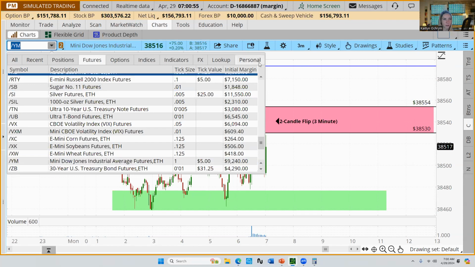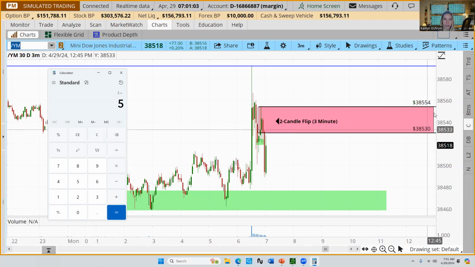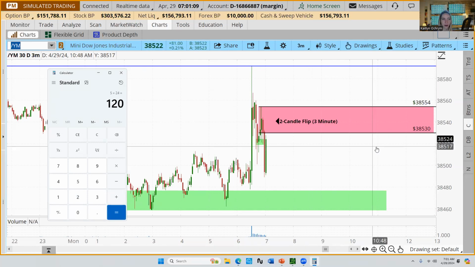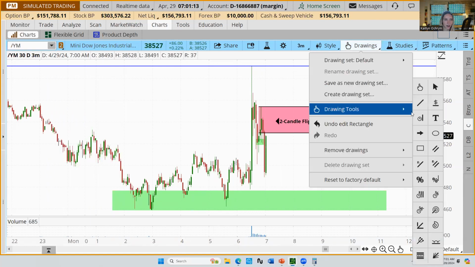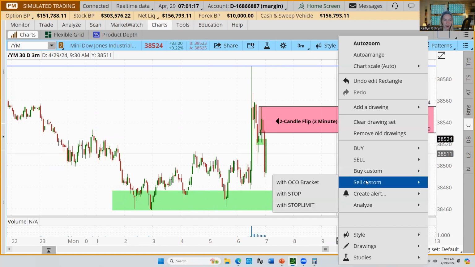So if it's $5 per tick, you would do 5 times the size of the zone, which is 24 points. So that would be $120 worth of risk. So I'm going to take that. Good question. Again, always good to calculate your risk ahead of time.